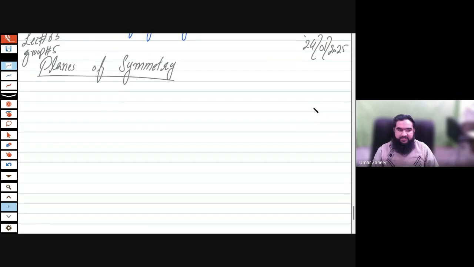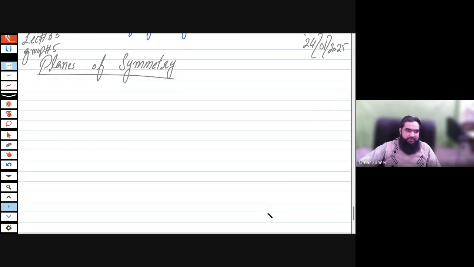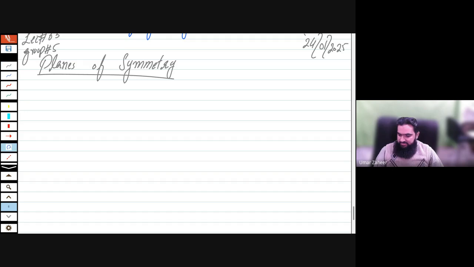All right. So we have to talk about a plane of symmetry. Basically, a plane is just a flat shape. For example, it just looks like this. This is going to be a plane. A plane can be a rectangle, a square, a circle, a triangle, or any other shape.